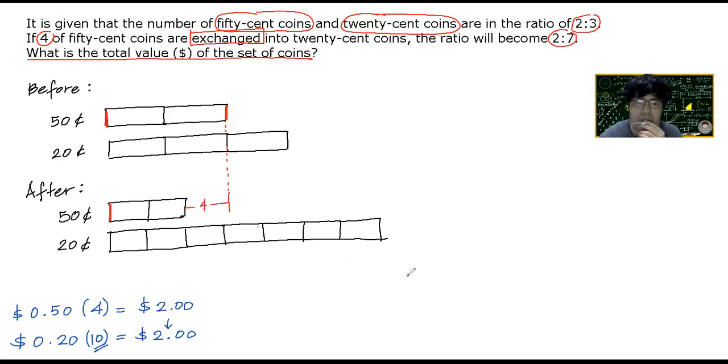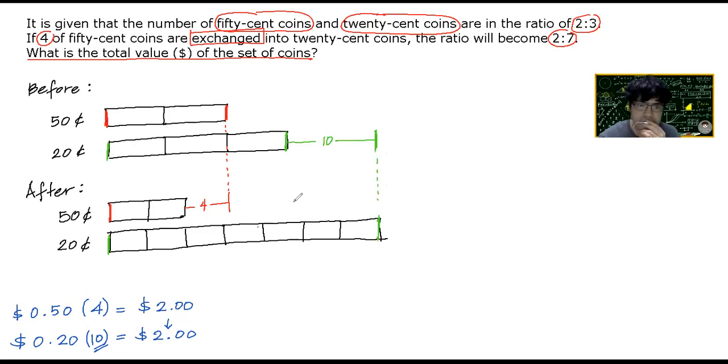And you're about to change, let's say, this is the amount for 20-cent coins. This is 10. Why is it 10 pieces of coins? Because it comes from the 10 20-cent coins. This is still the same.